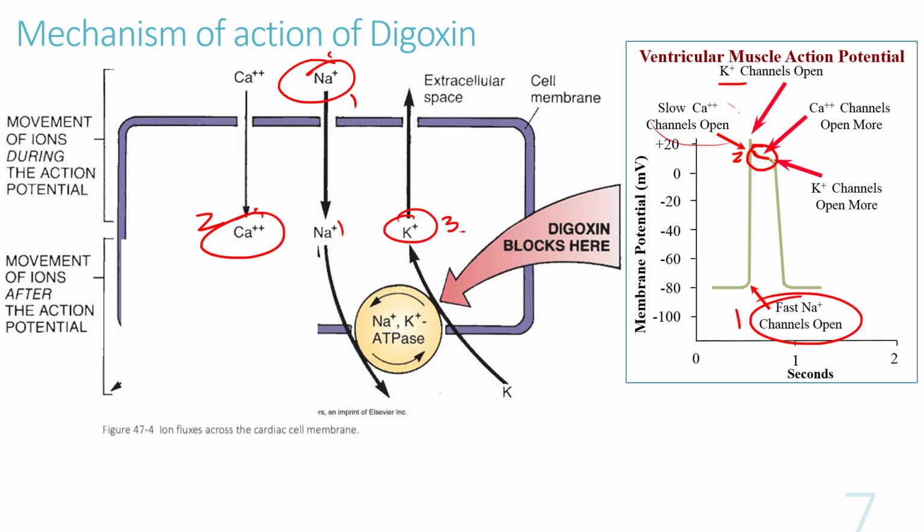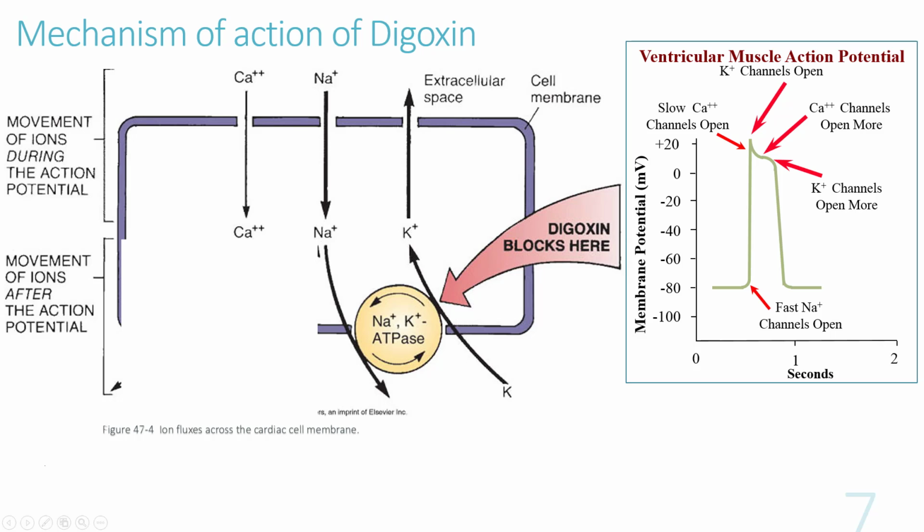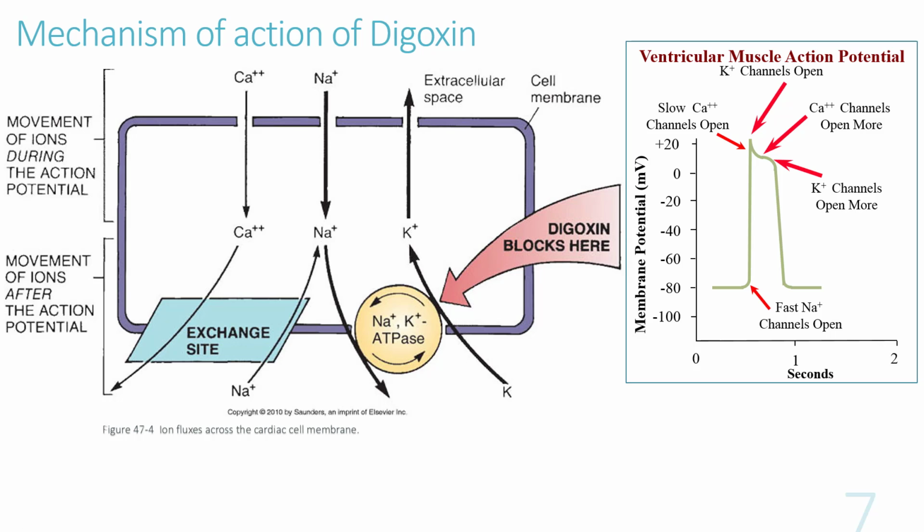Then you have repolarization, which is helped by the sodium-potassium pump, which pumps sodium back out of the cell and potassium back into the cell. At the same time that the sodium-potassium ATPase pump works, sodium also goes in in exchange for calcium exiting the cell.